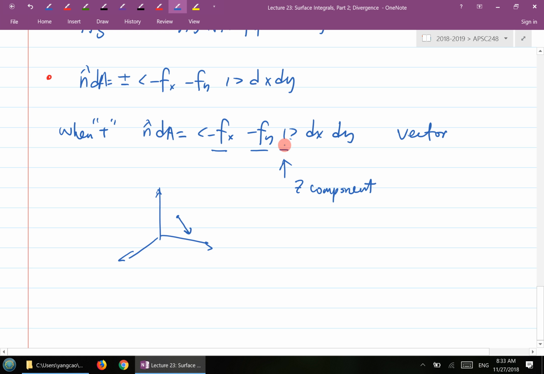Because this 1 is a positive number, that vector is guaranteed to always be pointing upwards, either this way or this way. That will be your n hat dA direction. Whichever direction it points to also depends on the negative fx, negative fy values. But because of the 1, you always have a positive up component.